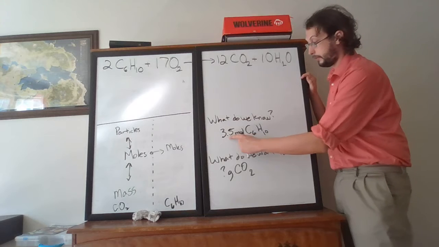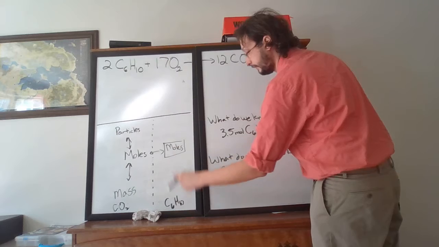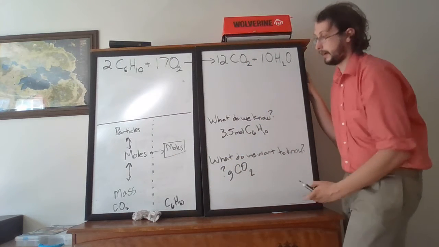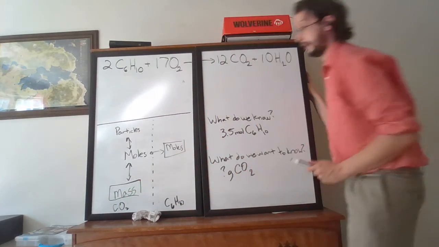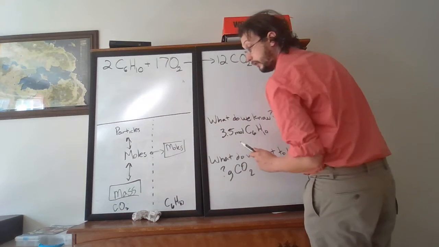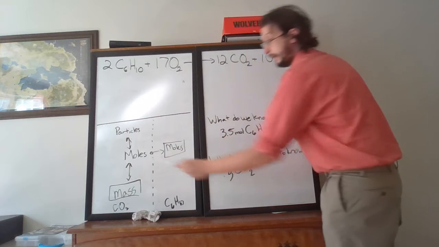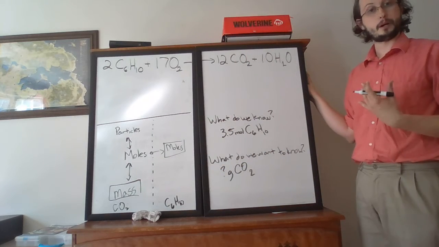We're starting off with moles of hexane, and we're trying to get to grams of carbon dioxide, the mass of carbon dioxide. To get from moles of hexane down to grams of carbon dioxide, we need to cross two arrows. That means we need two conversion factors. That's going to help us set up our problem.